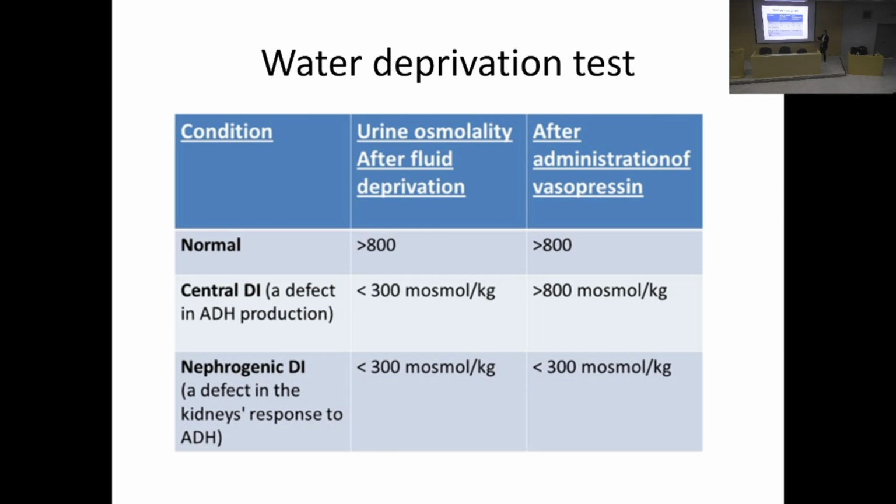If I gave them ADH and it did not work, the urine is still dilute, this will tell me that, okay, there's a problem in the kidneys, a problem in the receptors expressed in the kidneys. They are not responding to ADH, whether produced by the patient or the one that I am injecting. So it remains low. So this is how you differentiate between central versus nephrogenic diabetes insipidus. All right, take a pause, take a breath.